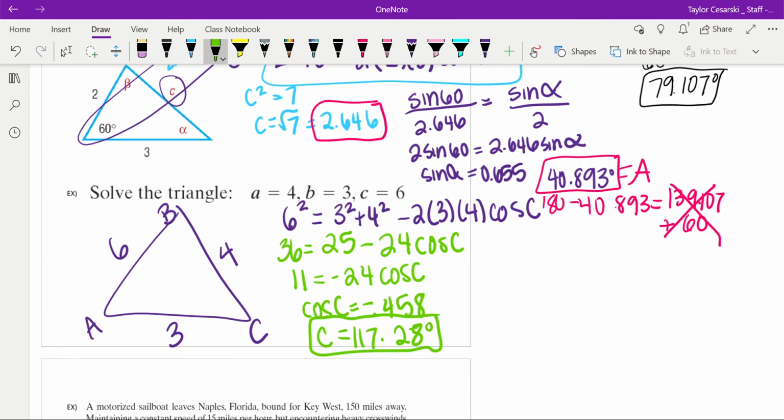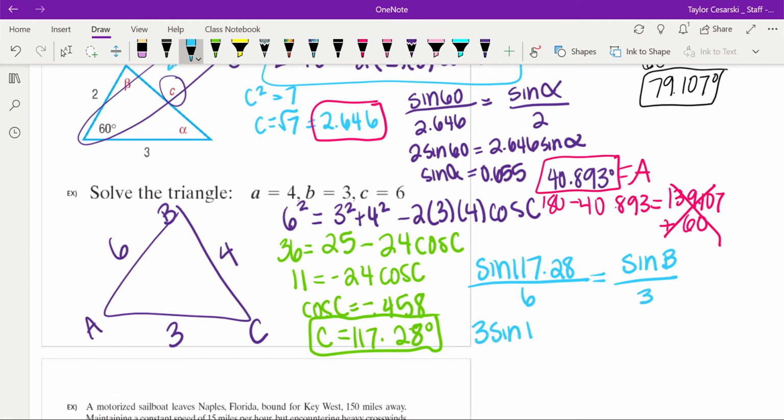Alright, so from there I can use law of sines if I want. And since that's obtuse, I'm not going to have to check for another angle. So, sine of 117.28 over 6 equals sine of B over 3. 3 sine of 117.28 equals 6 sine of B. So I'm just going to divide both sides by, oops, not 3, that should be 6.